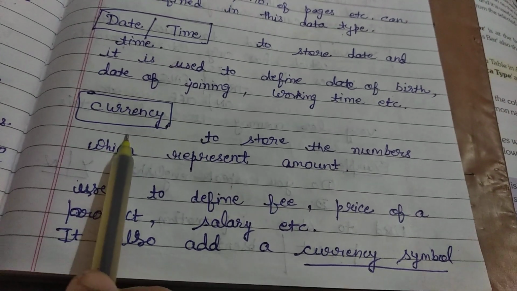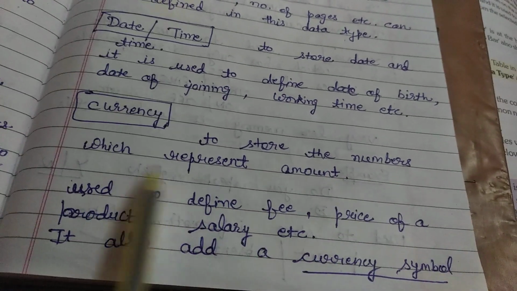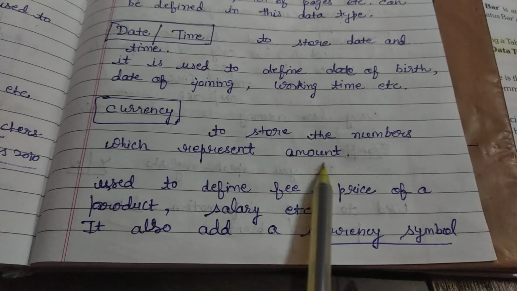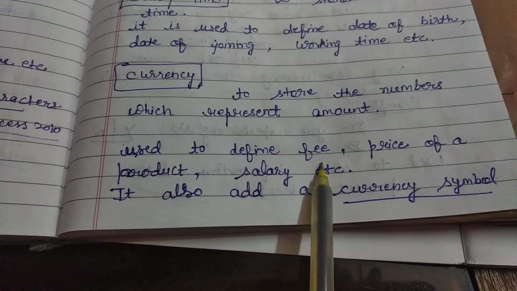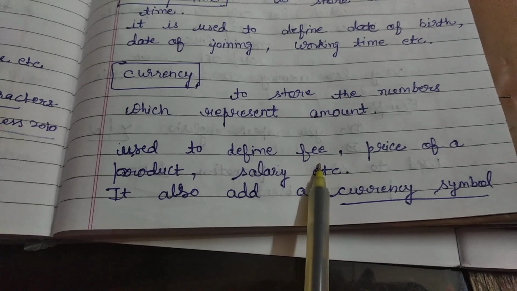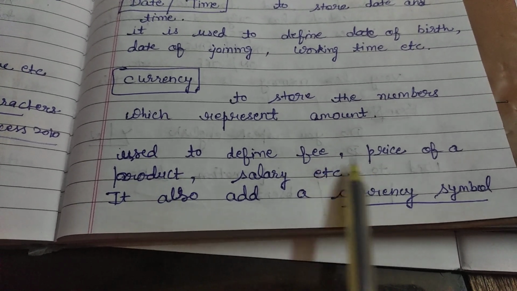Next is currency. Used to store numbers which represent amount. It is used to define like fee, your school fee, because it will be shown in rupees. So this data type will be used there.